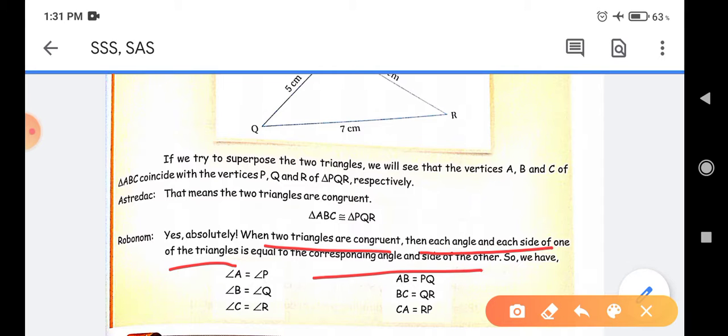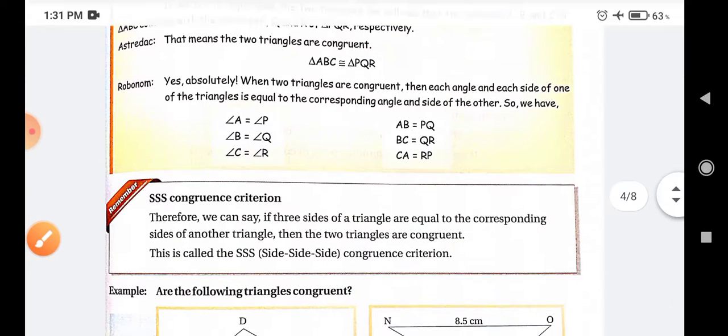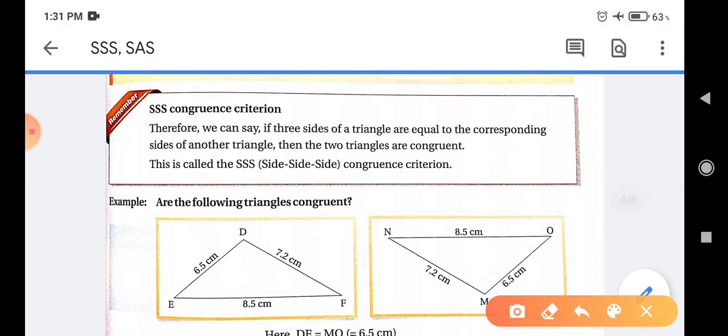So we have angle A equal to angle P, B equal to Q and C equal to R. This is about angles, and about sides, AB is equal to PQ, BC is equal to QR and CA is equal to RP. This is the meaning of the triple S congruence criterion.